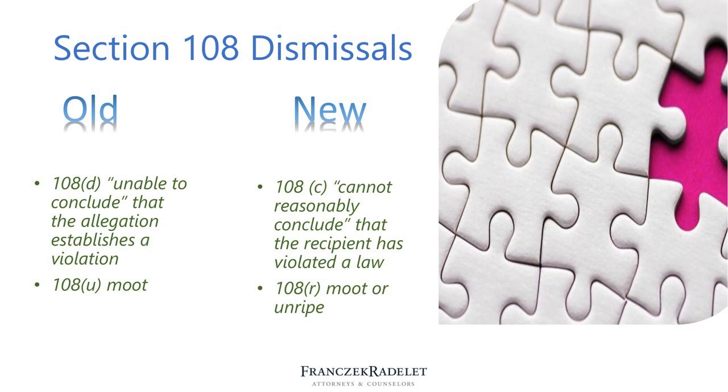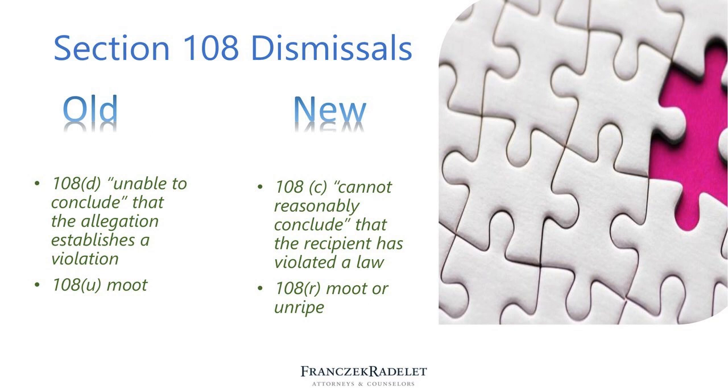I think this is allowing dismissal in more cases. I'm not sure exactly what it looks like, but I do think that change from unable to cannot reasonably means that you're not going to have to meet some insurmountable standard of showing that the information provided isn't sufficient to establish this.